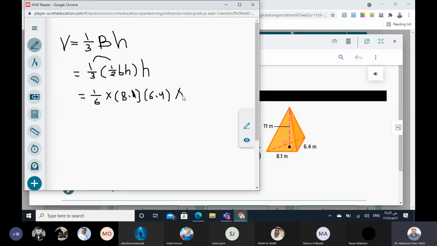Then times the height of the pyramid. This is the height of the pyramid, which is 11.